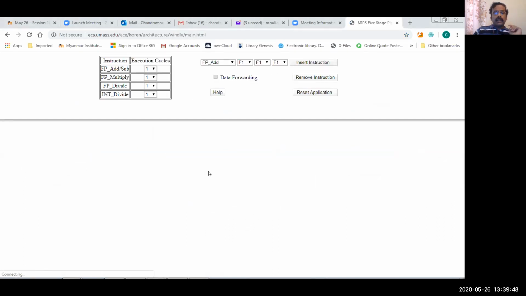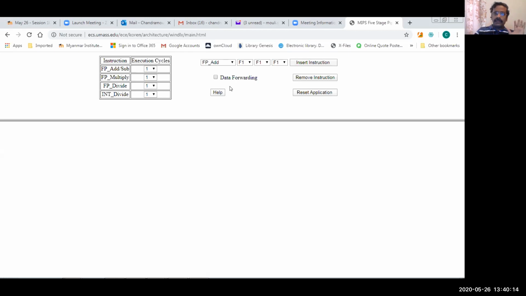Now you have two options. Either assume that the pipeline has data forwarding logic built in, or that it is not there. You can choose based on whether you want to see how the instructions go through the pipeline by enabling data forwarding optionally.